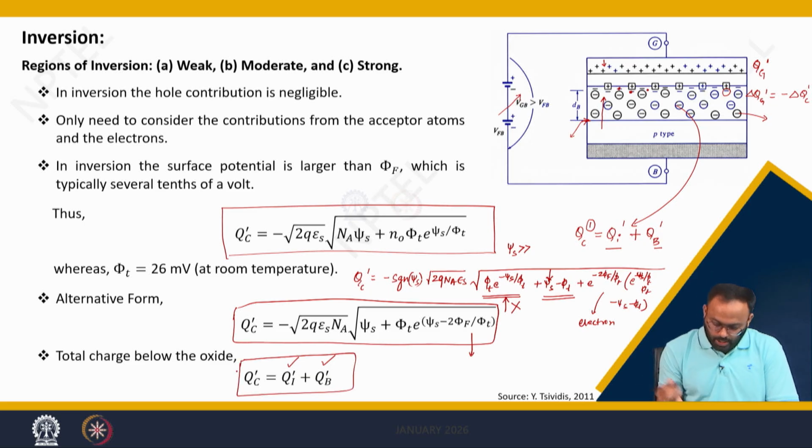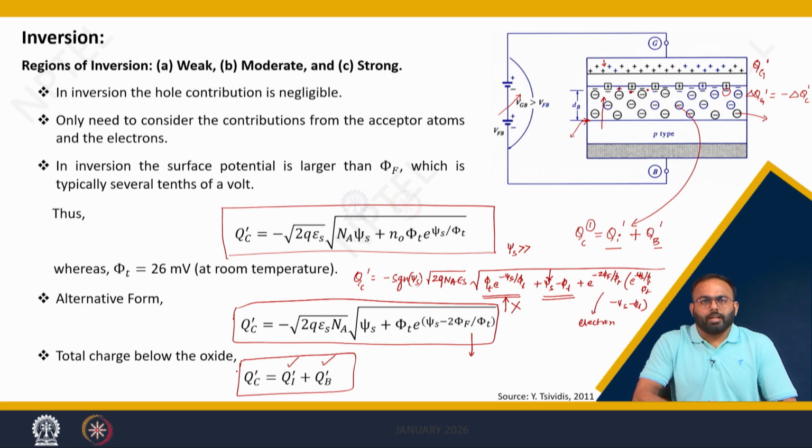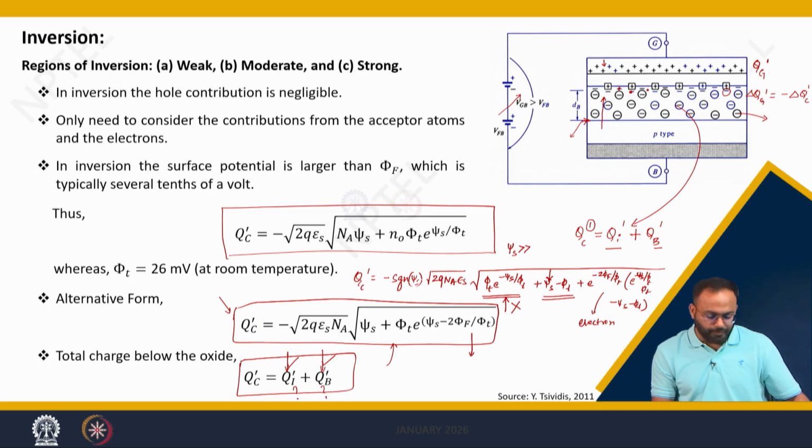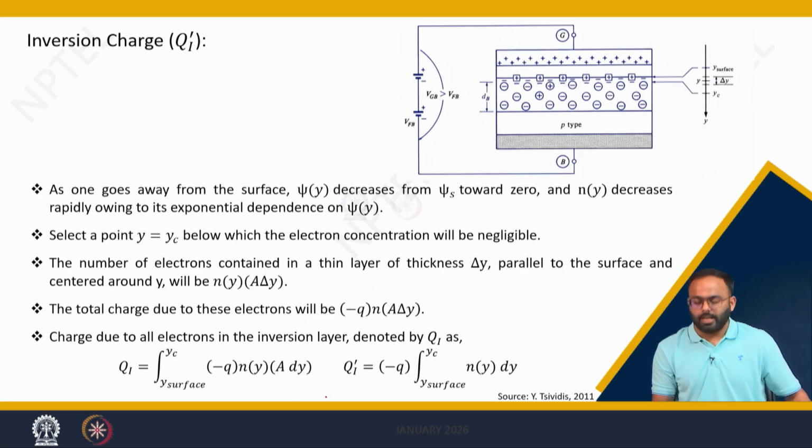Now, by using some different understanding, we can extract Qi dash and Qb dash from the total charge. If you have an equation for total charge, which is QC dash, can I get an equation for Qi dash or Qb dash? So let us take a first approach to calculate Qi dash.